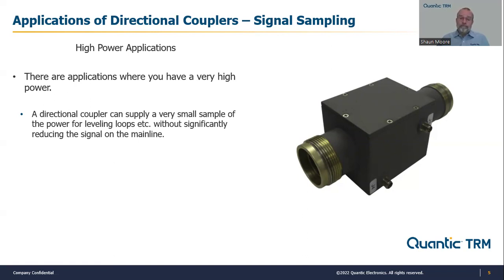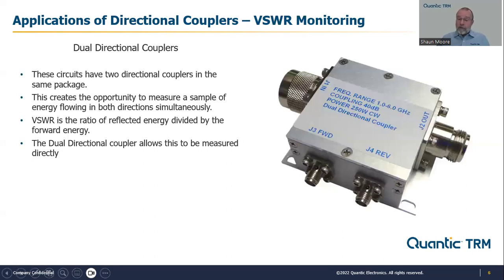I have also heard you speak about dual directional couplers. Can you explain? Sure. A dual directional coupler is essentially just 2 directional couplers in a single package. So one coupled port will sample the power going in the forward direction from the input to the output.